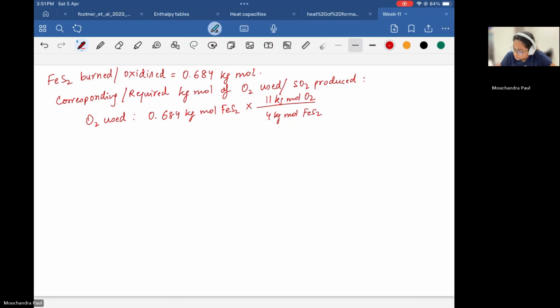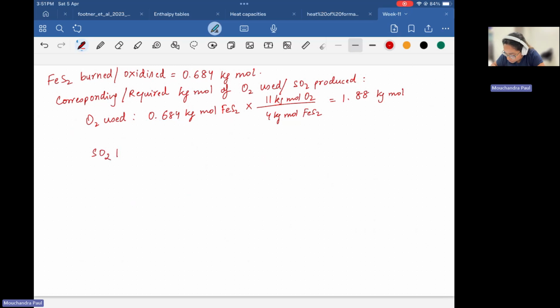So this will give you 1.88 kg mole. All right, this is the oxygen used.